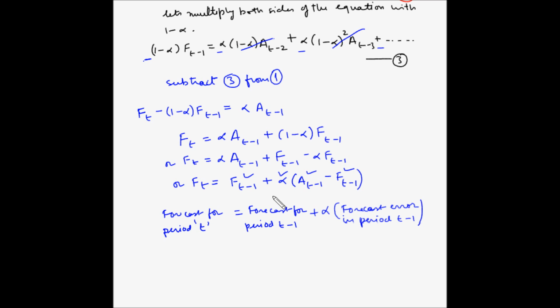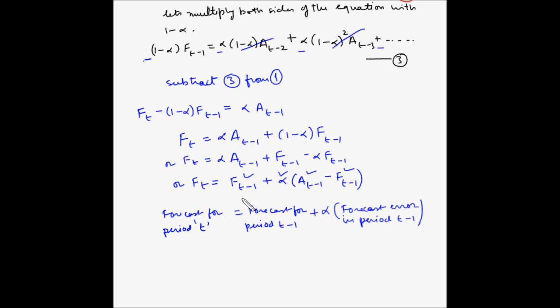So if you have these three values, then you can calculate the forecast for the next period. Now this simplicity in finding out the forecast makes exponential smoothing a very commonly used technique.